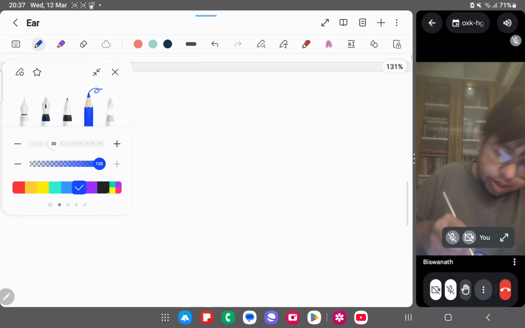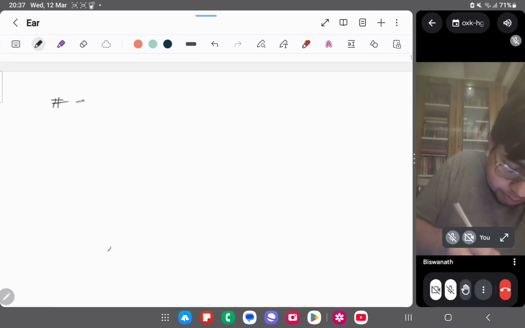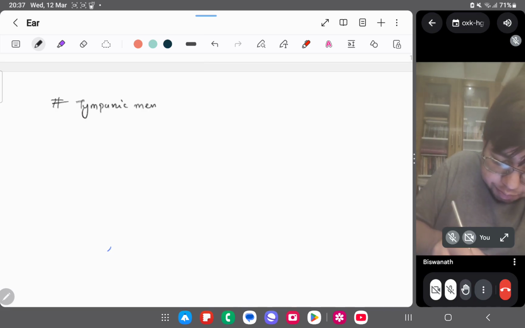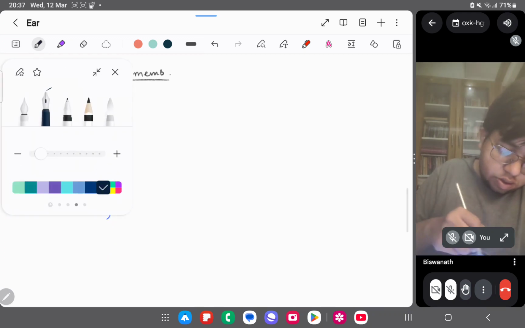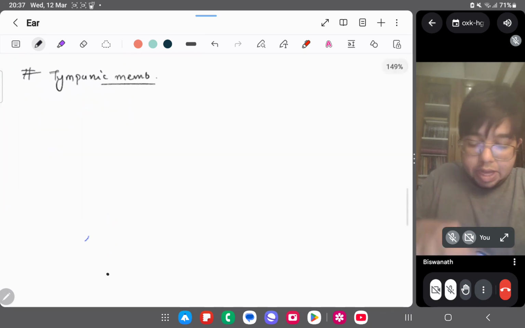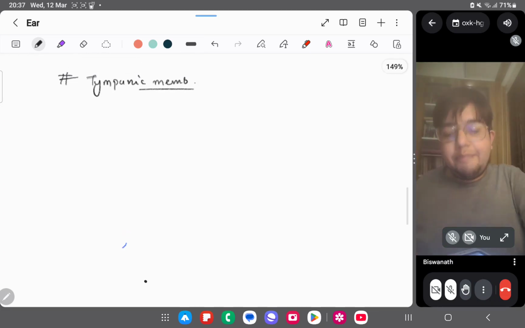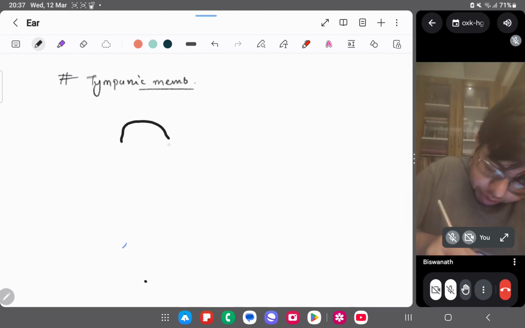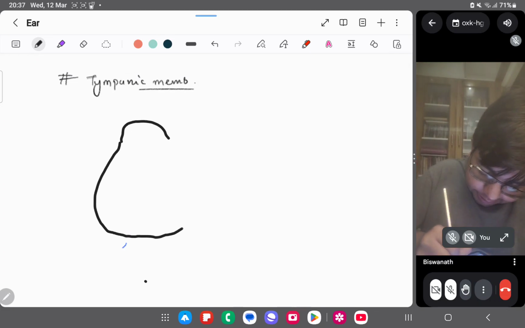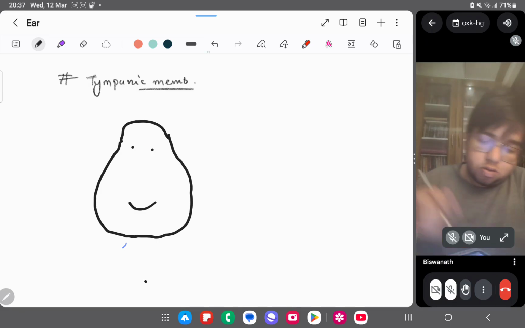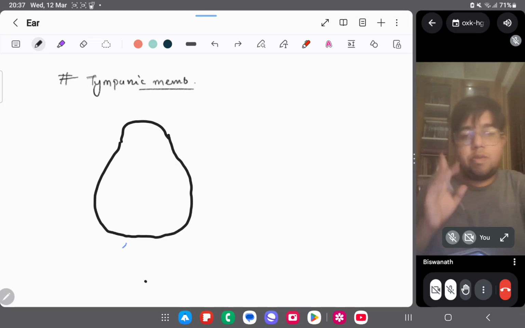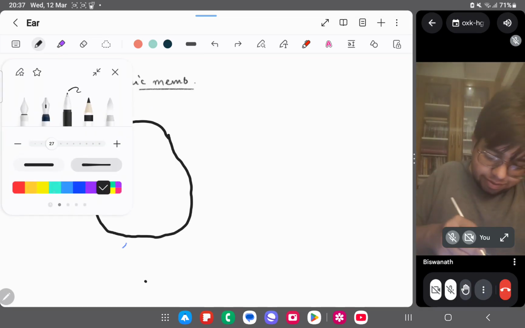Okay, let me move on and talk some more about the tympanic membrane. If I talk about the tympanic membrane, I will draw it like this. We'll keep it simple.